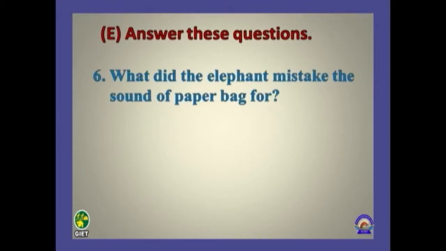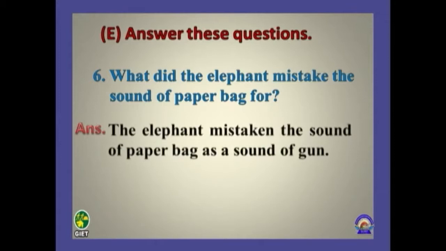Sixth, what did the elephant mistake the sound of paper bag for? The elephant mistook the sound of paper bag as a sound of gun. So he trumped loudly and ran away.